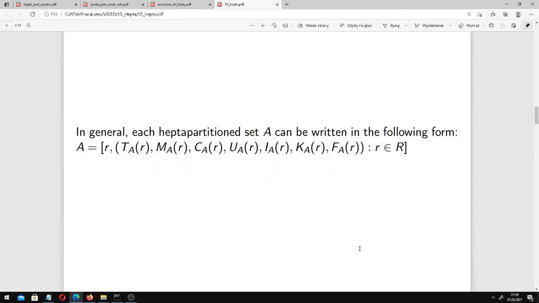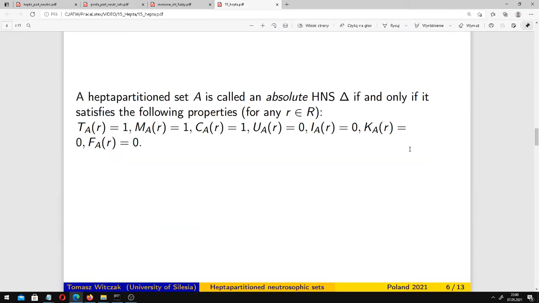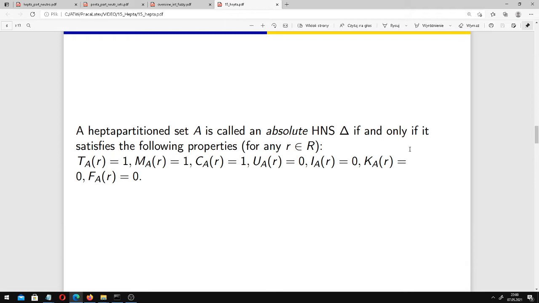In general, each heptapartitioned set A can be written in the following form. As you can see here, this is clear. Well, according to our authors, a heptapartitioned set A is called an absolute HNS, if and only if it satisfies the following properties for any r in R. Absolute truth 1, relative truth 1, contradiction 1, unknown 0, ignorance 0, relative falsity 0, falsity 0.